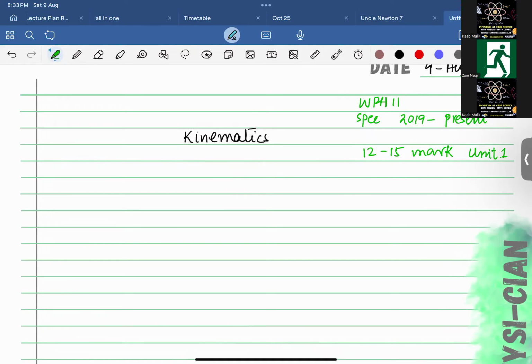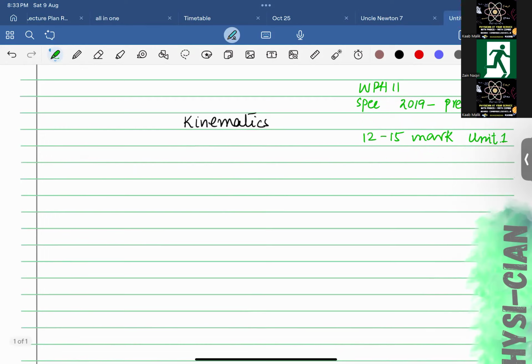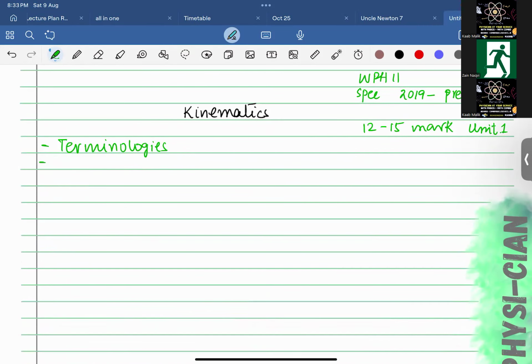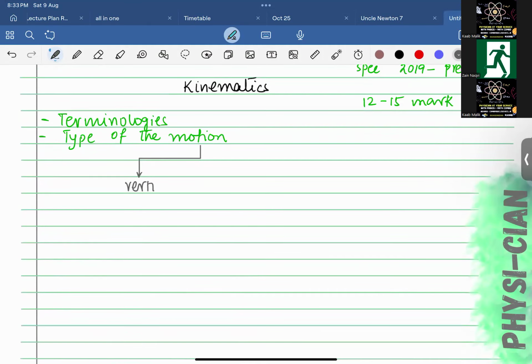In the content of this chapter, we will have simple terminologies, and then the types of motion, or motion analysis, where we'll discuss three motions: vertical, horizontal, and the third will be projectile.